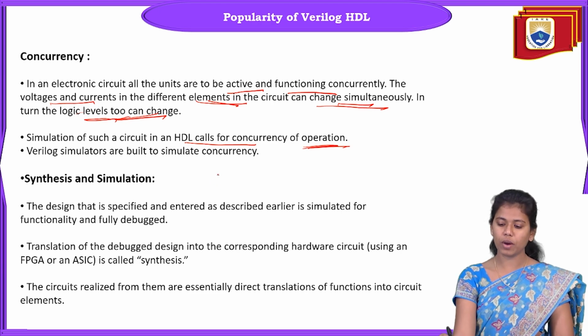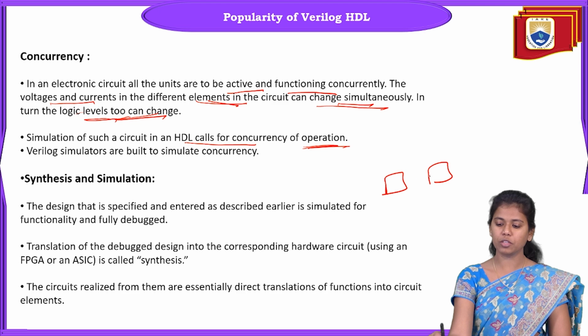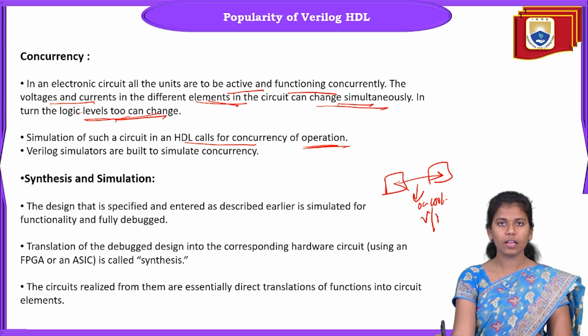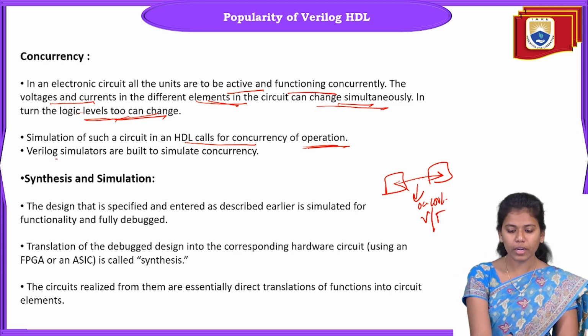When two devices, for example two modules, have to be run parallelly, then concurrency can be achieved 100%. So here we can change the voltages and the currents simultaneously. Now, Verilog simulators are built to simulate concurrency.